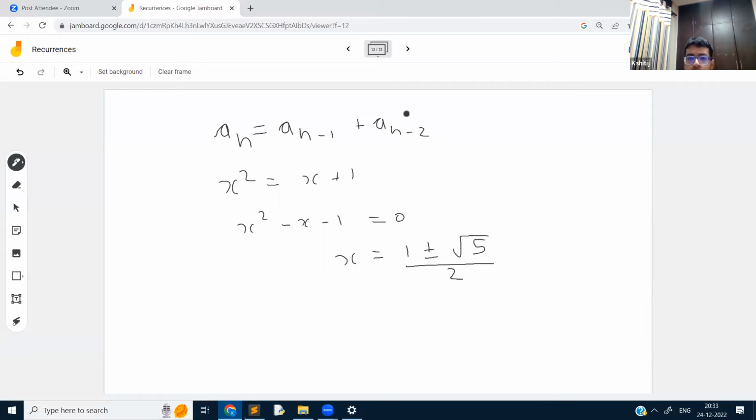So it has two roots. Now all the roots are distinct, so we don't need to multiply coefficients with n. We write C1 into 1 plus root 5 by 2 to the power n plus C2 into 1 minus root 5 by 2 to the power n.